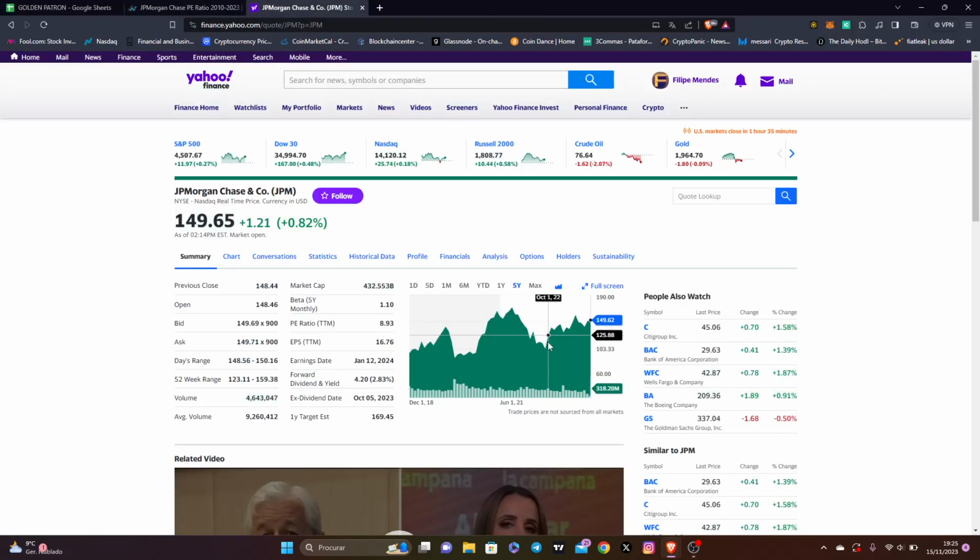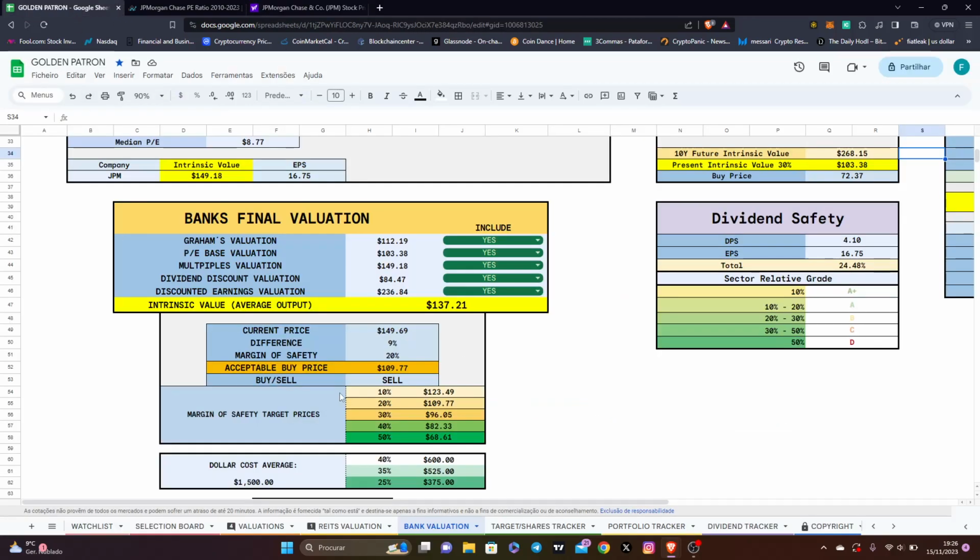The last time it was at 109 was last year. So it is not very hard for JP Morgan to come to these prices. I don't know when, but it could happen. So this actually could be a really good buying price with a 20% discount, unless you want to take a risk and see if it would go lower and buy it cheaper. But this would be a good buying price.